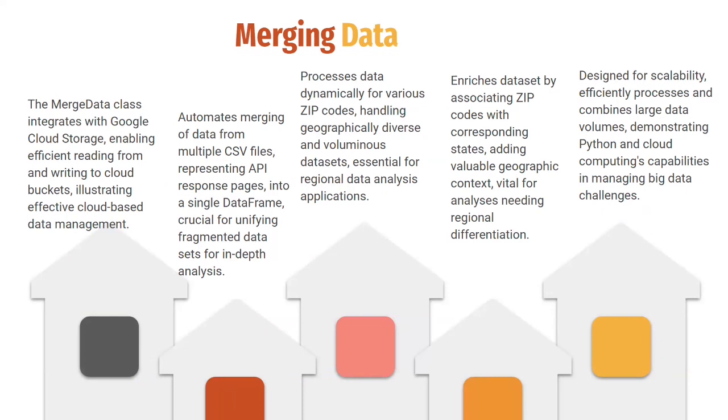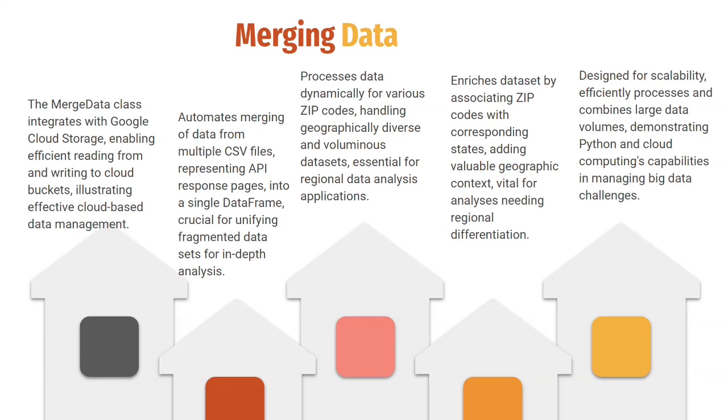When we are talking about merging data, we collected all the raw data, and our challenge is to create a unified dataset from this disparate information. This is where our data merging process comes into play. We merge the data from multiple API responses and various formats into a single coherent dataset.